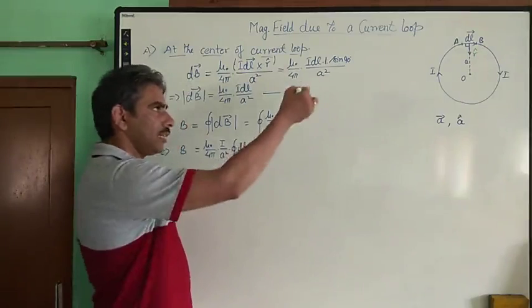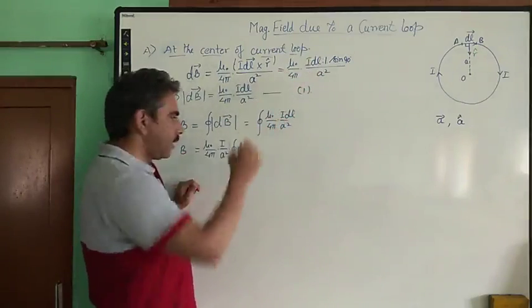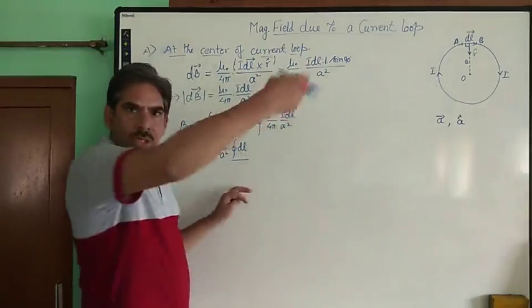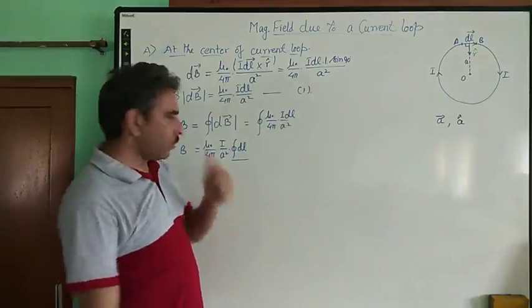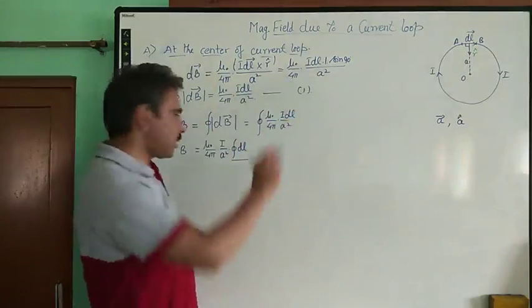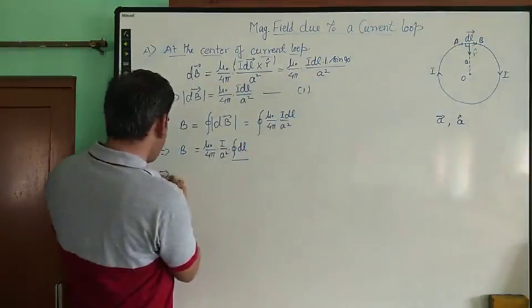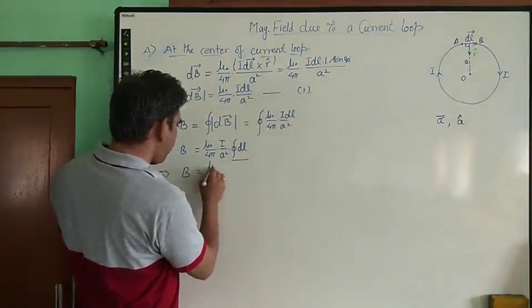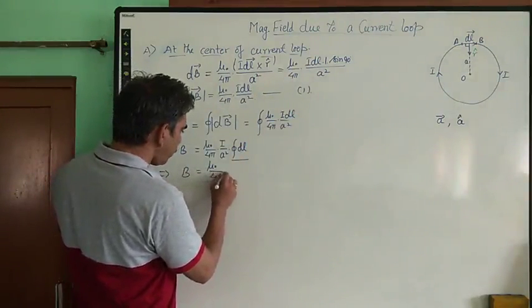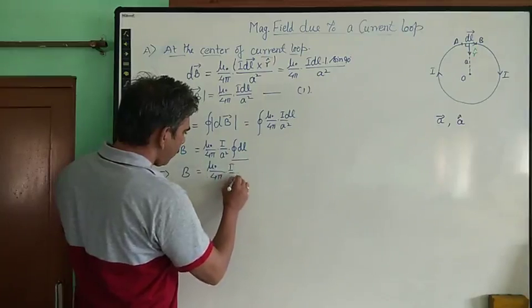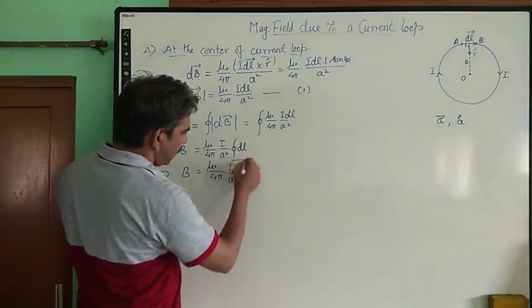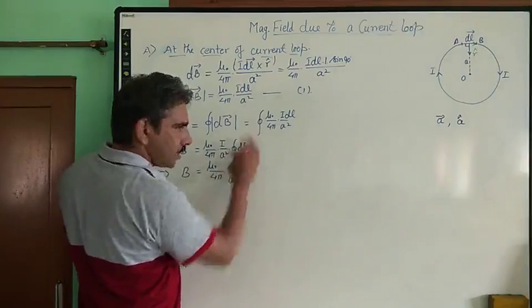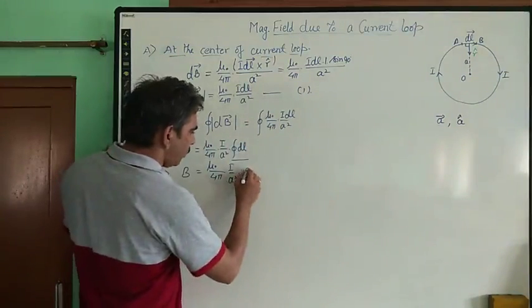So all such length elements, whenever they are added up, they give rise to the circumference, right? Total length becomes equal to the circumference of this current loop. So this term represents the length of this whole loop, which is equal to the circumference.